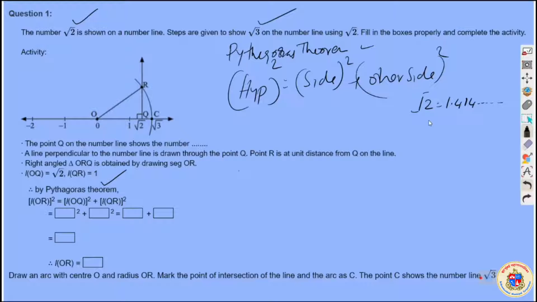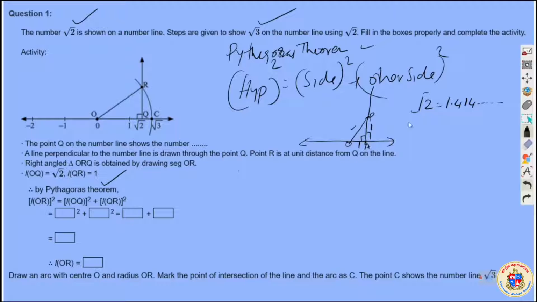What we will actually do is, on a number line, from this 0, if you mark a distance of 1 unit and same distance of 1 unit through a perpendicular drawn here, this becomes the hypotenuse. Let OP be the hypotenuse. Here it is a right angle. This is 1 unit, this is 1 unit.